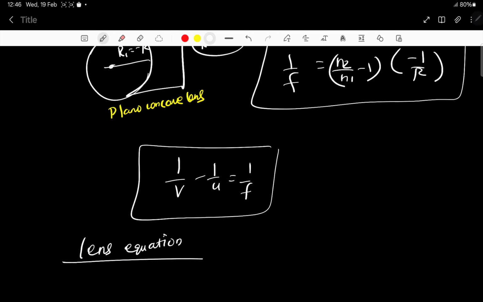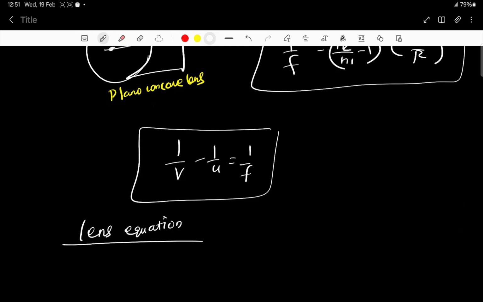If you substitute the u values and v values, you should substitute them with the proper sign conventions. If you substitute blindly, it gives you wrong results. This lens equation can be used to find the position of the images formed by a convex lens or concave lens.